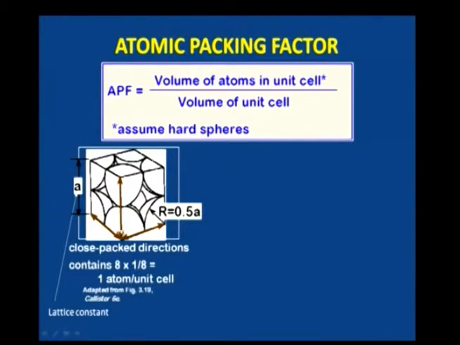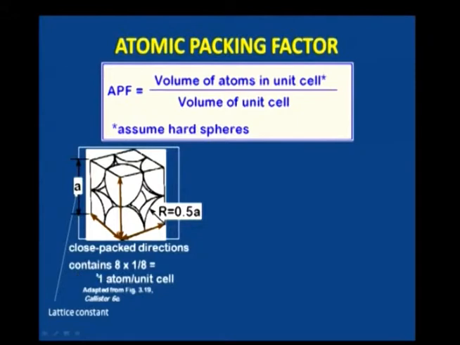This atom is not considered to be a point, another atom here is not considered as a point, but the atoms are made to touch each other, and each atom has a radius R, which is equal to 0.5 times A. Half of A, right, so A is equal to 2R, or R is equal to A by 2.